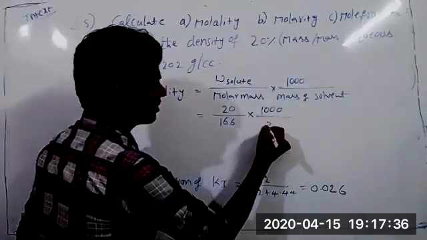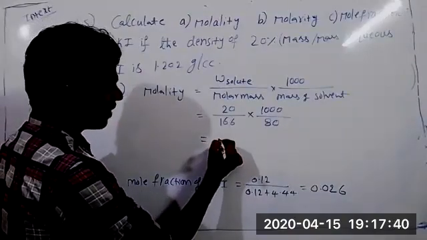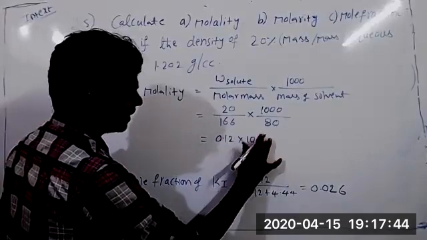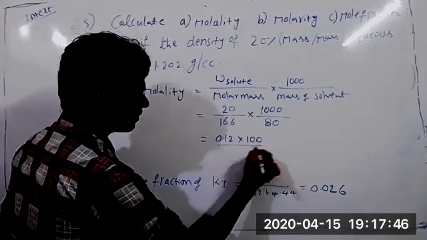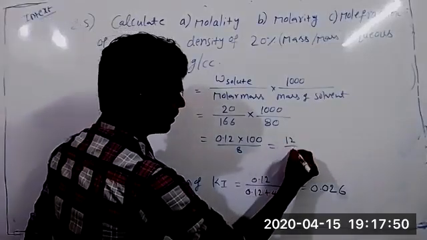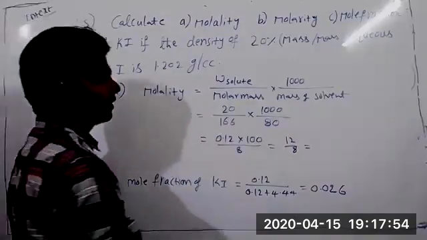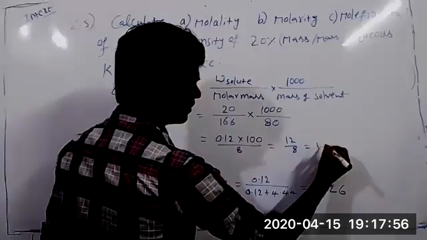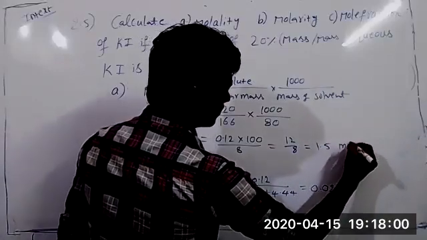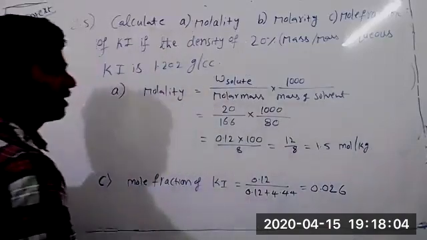So 20 divided by 166, that value 0.12, into 1000 by 80, that is 12 divided by 8, 1.5 mole per kilogram.